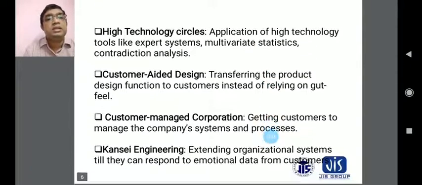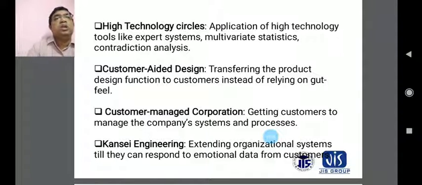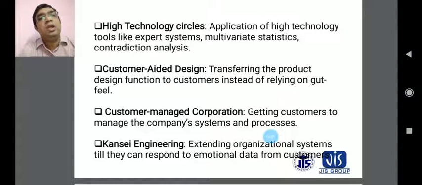Another thing is high technology circles. Today the concern is about high technology, because each and every industry already uses automation procedures, and mass production is also done in different manufacturing units.